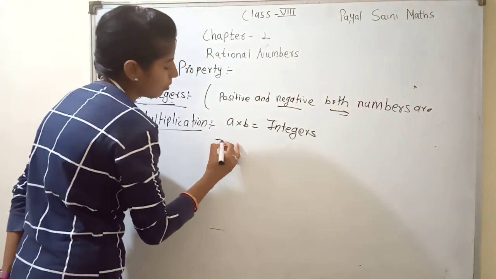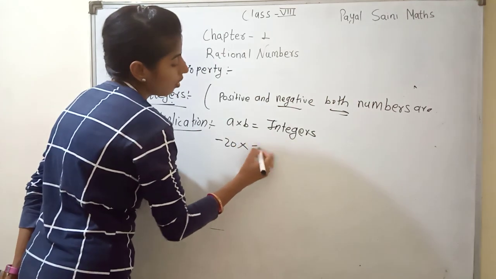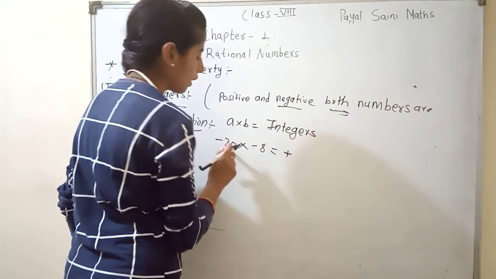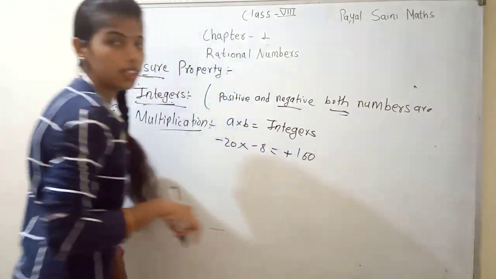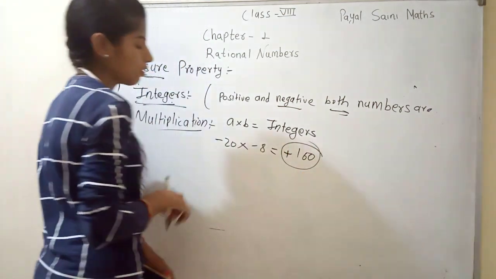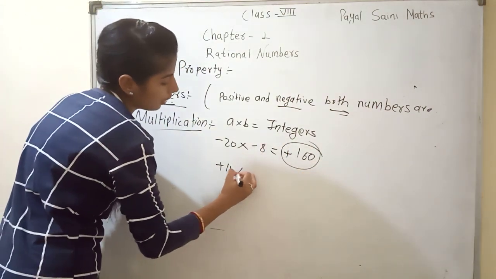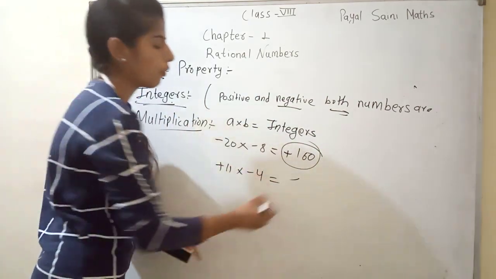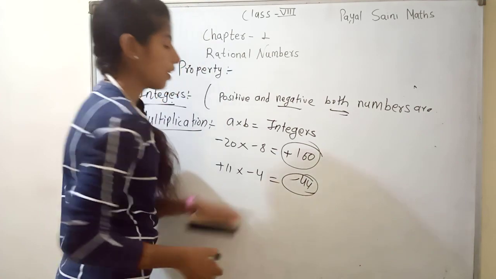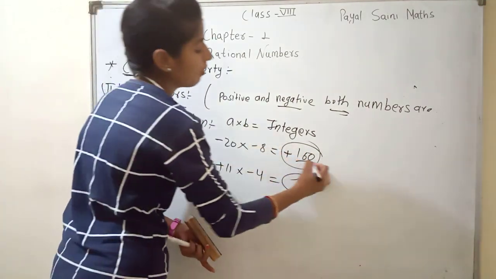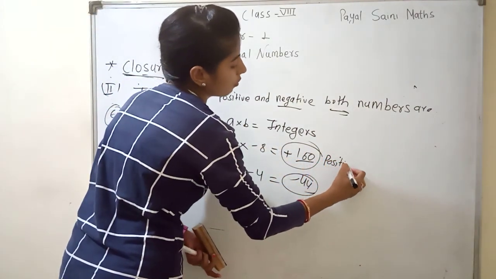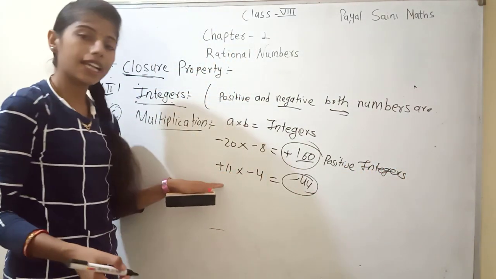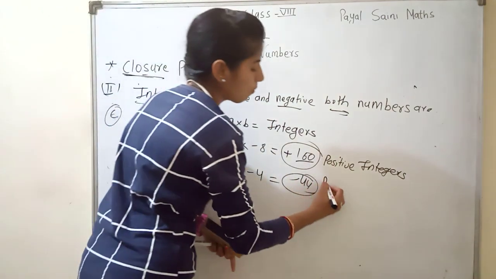Now I check here, I write minus 20 into minus 8. Minus into minus, we know that minus into minus is plus, and 20 eights are 160. Then our answer should become positive. Now I write here plus 11 into minus 4. Plus into minus is minus, and 11 fours are 44. Now we check: the first number is a positive integer, and the second example is a negative integer.